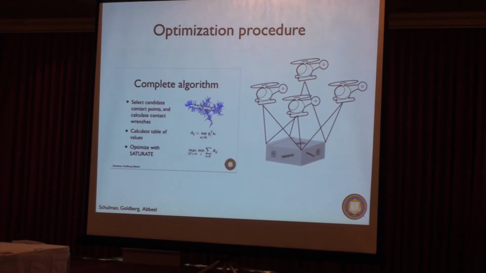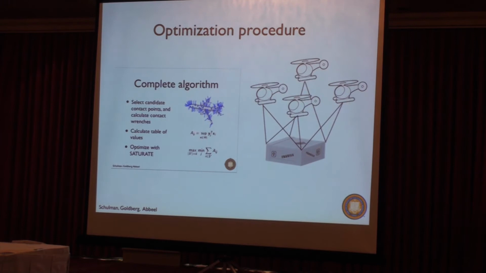So let's look at how the complete algorithm changes in the helicopter problem versus the contact point selection problem. Actually the only thing that changes is that first part. It used to be that we had a friction cone for each candidate contact point. Now we have a set of wrenches for each possible helicopter position.